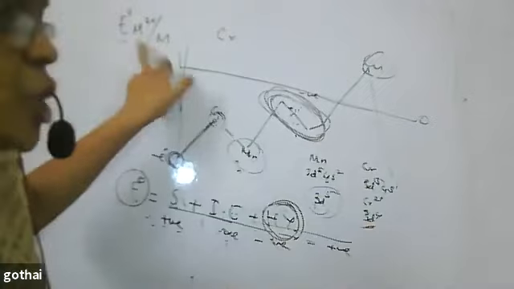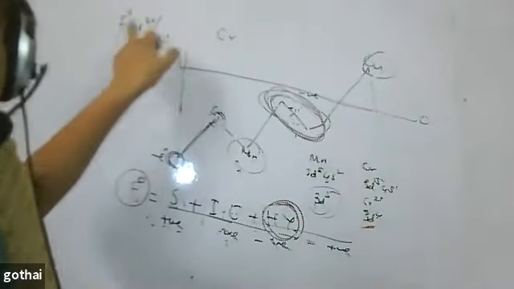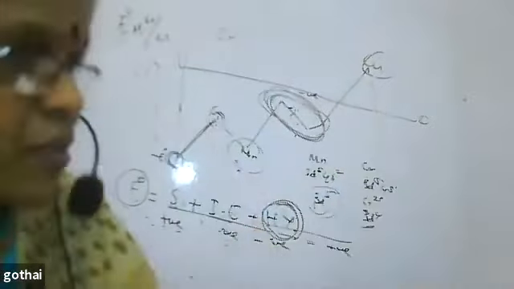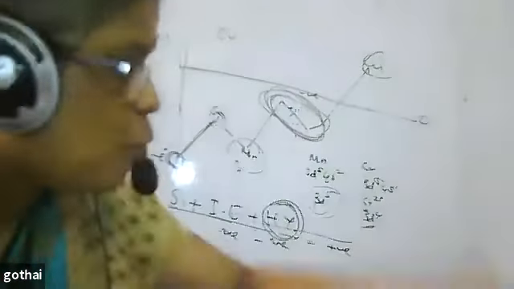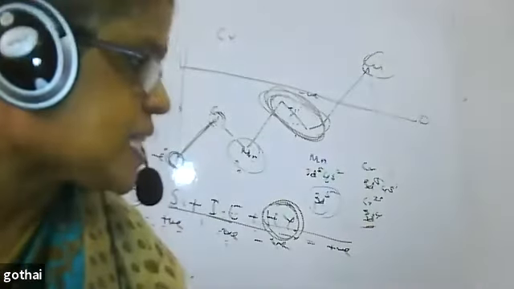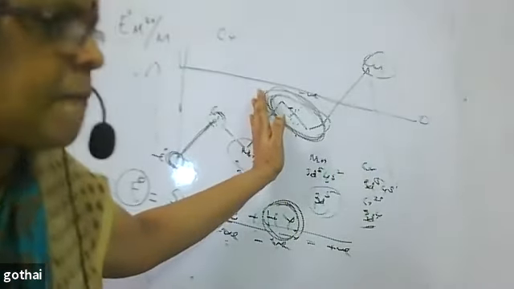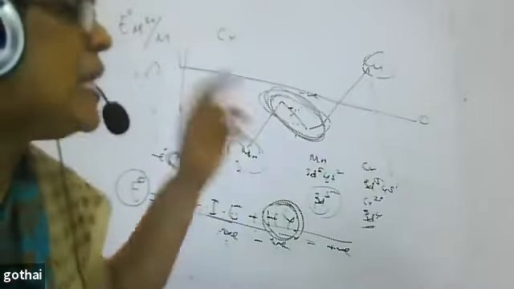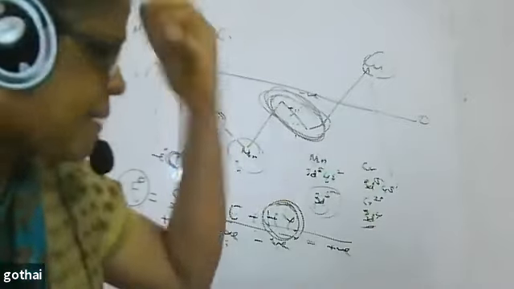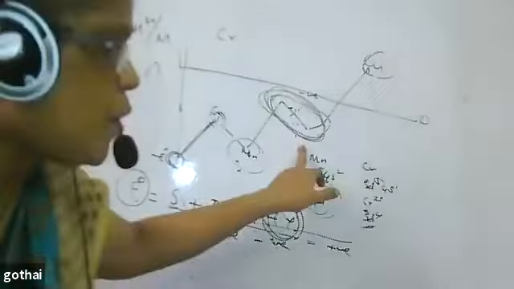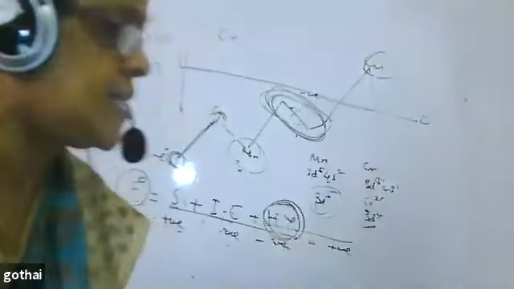This E naught value always talks in terms of aqueous form. When I put it in water, one more factor also plays a vital role, that is nothing but hydration enthalpy. When I come over here, hydration enthalpy is predominant.